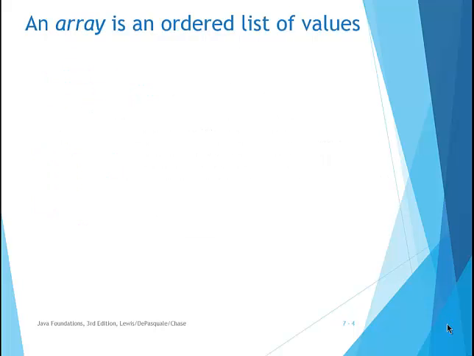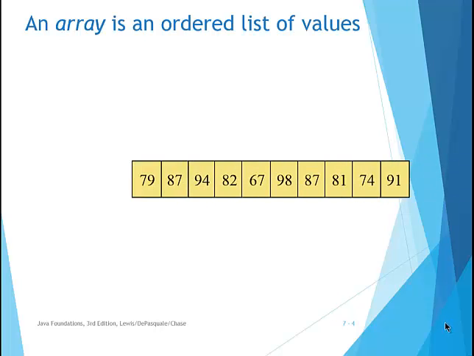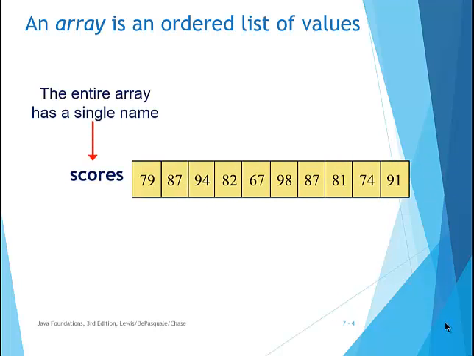Other than class objects, the array is the most important, versatile, and widely used data structure. We will examine arrays of primitive variables, arrays of objects, and objects that contain arrays. The entire array has a single name.